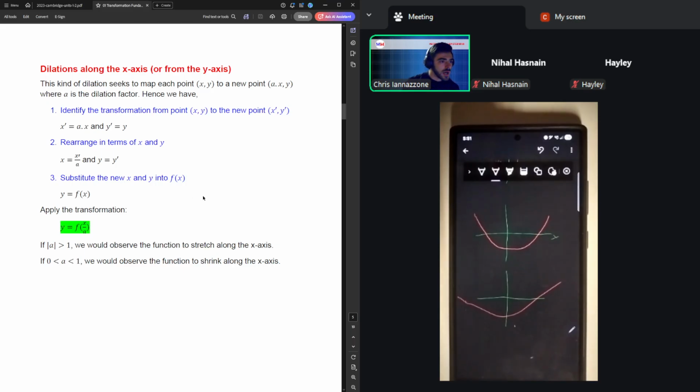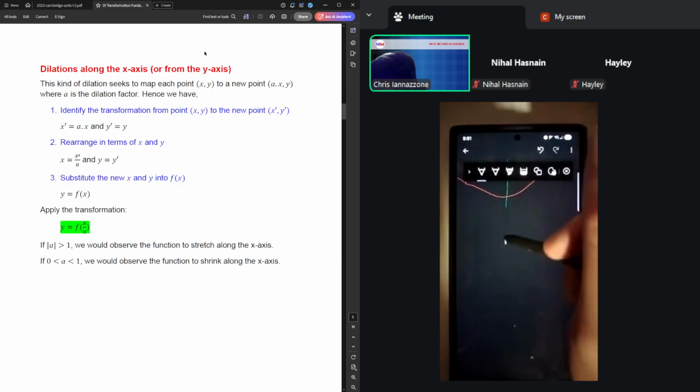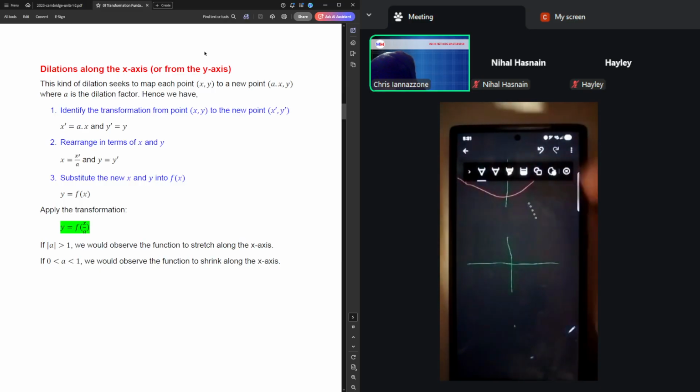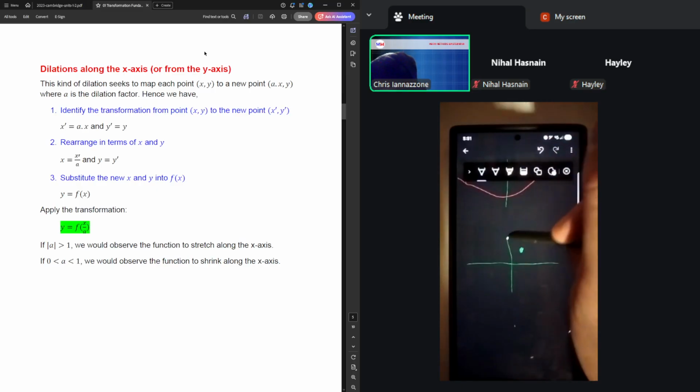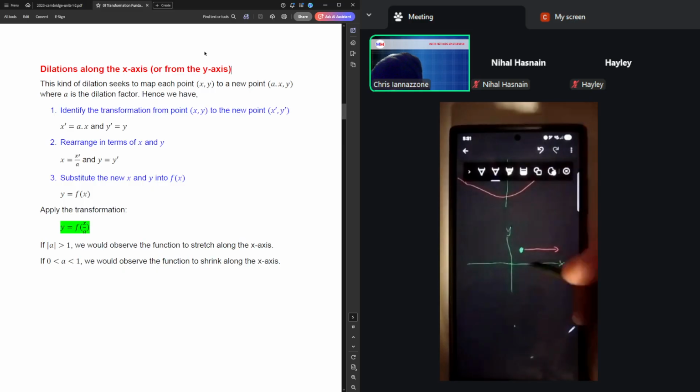As for how to remember this sort of notation, the thing that I tend to think of in my mind when I'm reading either of those ways of describing things is I imagine a point on my axis. And if I am dilating along the x-axis, it just means that I'm stretching in that direction along the x.